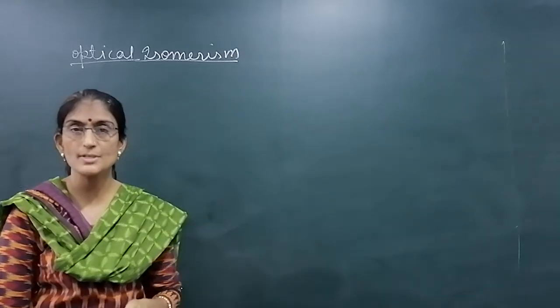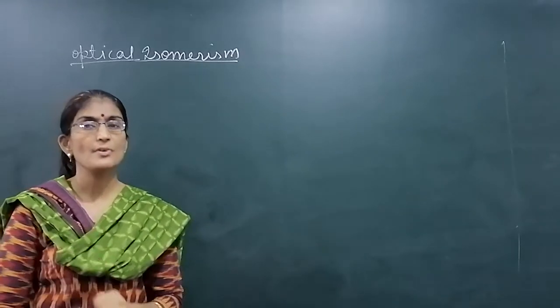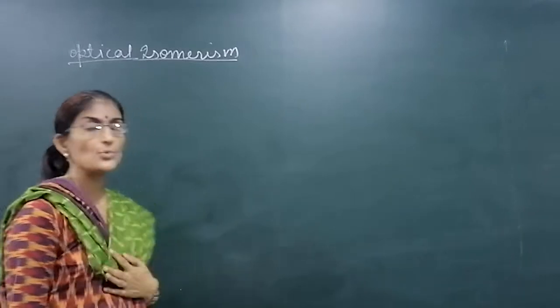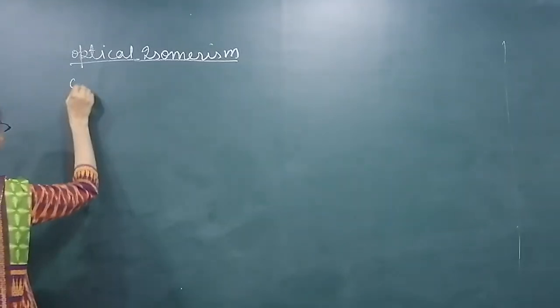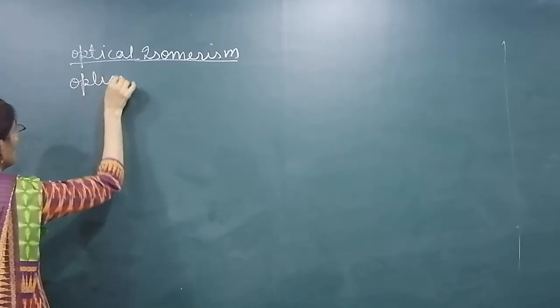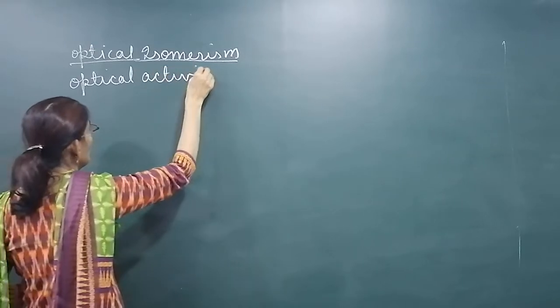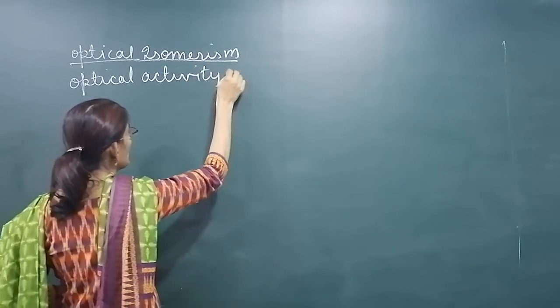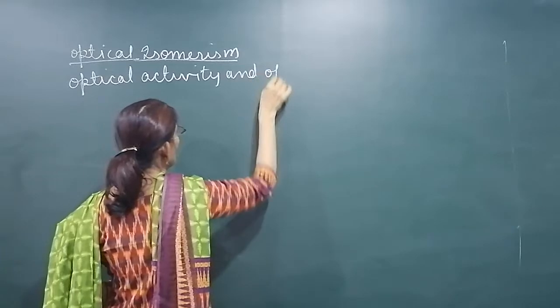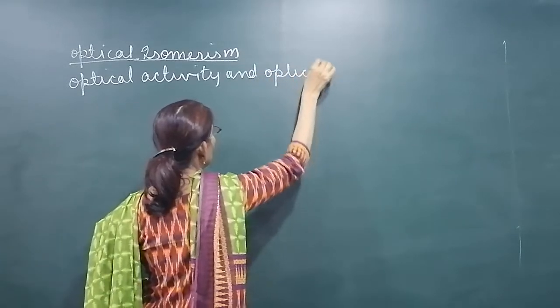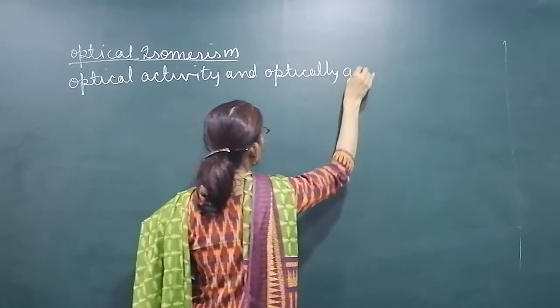What are racemic mixtures? And different terms we will study. First we are studying optical activity. What is optical activity? And what are optically active compounds?